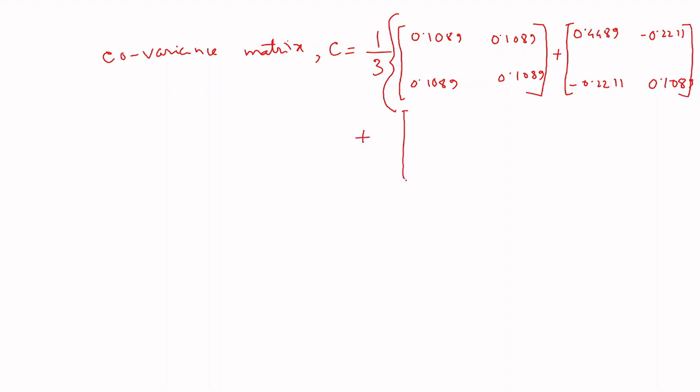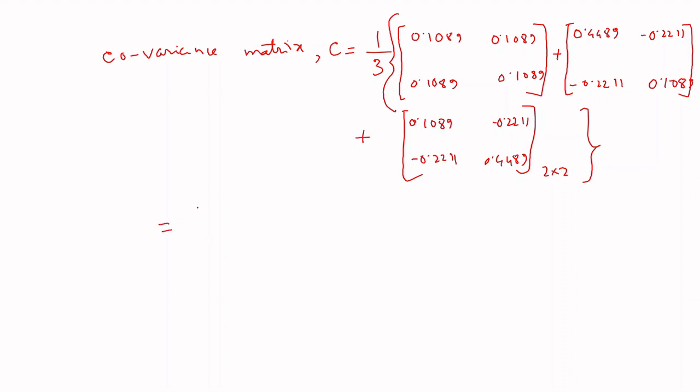And what was the third 2 by 2 matrix that I calculated? It is 0.1089, then minus 0.2211, then minus 0.2211, then 0.4489.